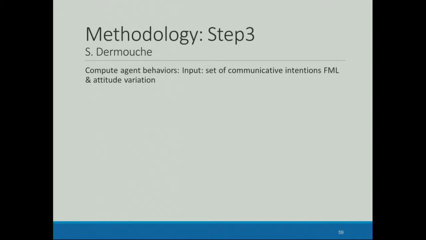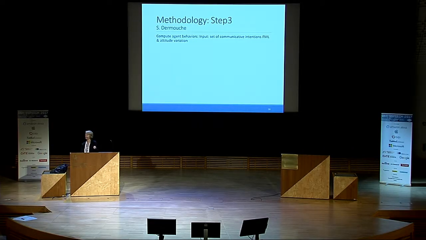But now we want the agent to communicate several communicative intentions with a variation of social attitude. So somehow the agent has to communicate two streams: communicative intention with a variation of social attitude. The way we do it, we give a set of communicative intentions, expressed in a specific language called FML, for Function Markup Language, and an attitude variation, such as dominance increase, friendliness decrease, and things like that.